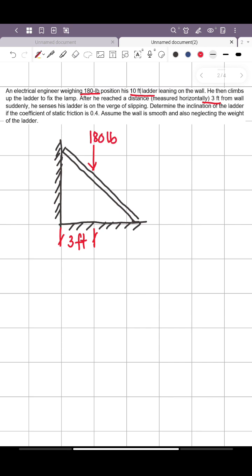So, ano ba yung involved na mga forces dyan? We have, assuming na this point is A, and this point is B. So, we have a force here, which is the normal force. That is our NA. And we have this friction that will prevent the ladder from slipping.